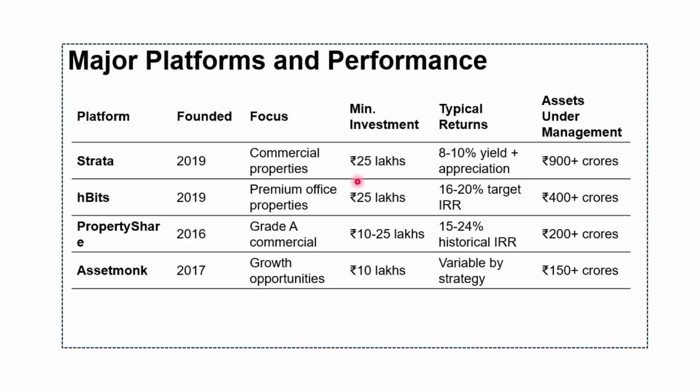SEBI has brought in SM REITs, basically not to replace, but you can say they have tried to bring in this new system so that the fractional ownership platform can become standardized. So there also the minimum investment for an investor is 10 lakhs.